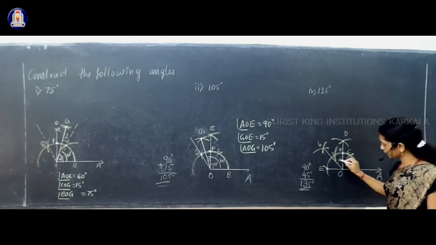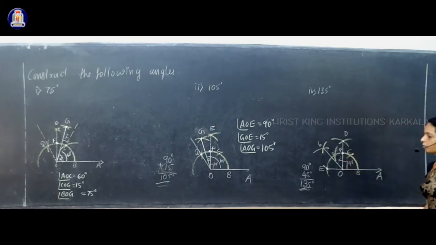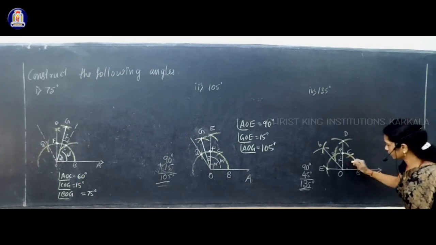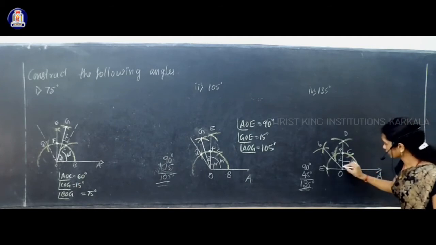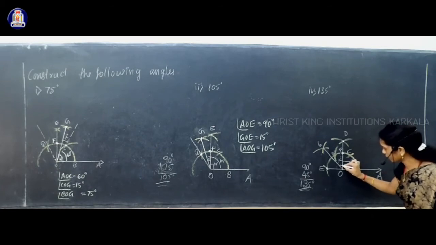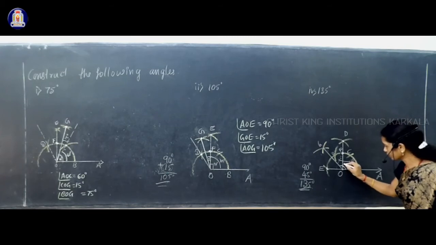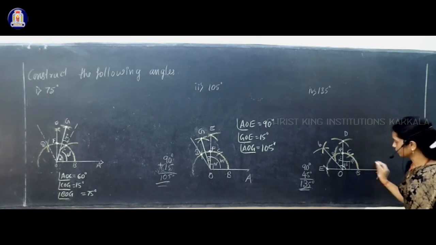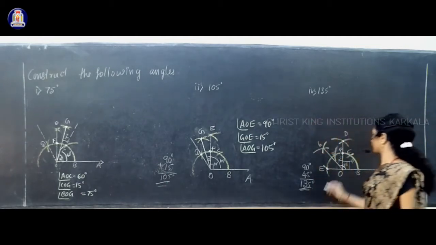So now if you take this 45 degree with this 90 degree, total is how much? 90 plus 90 plus 45 degree, that is 135 degree. So this angle, that is the total of 90 and 45 degree, that is 135 degree, angle AOG. We write down all that inside.